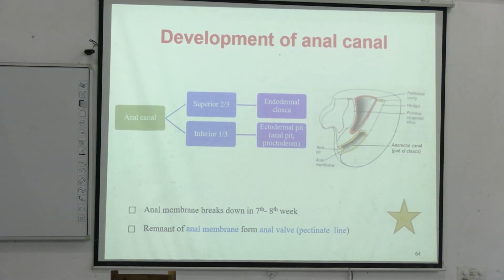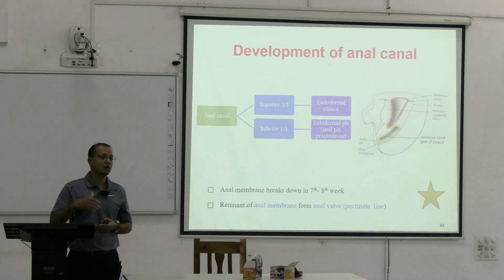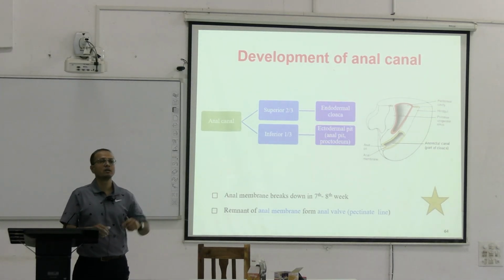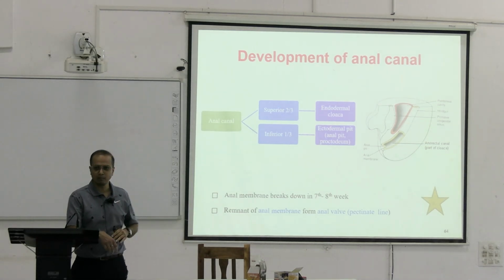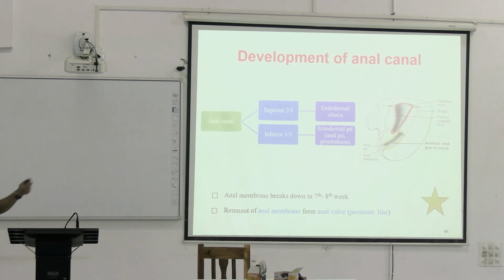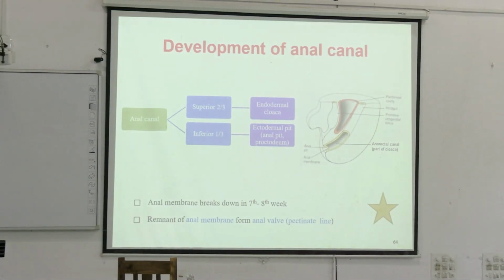And that is why this anal canal has two different nerve supplies, two different blood supplies, two different lymphatic drainages, based on the region. So the upper part is supplied by one thing, the lower part by another.